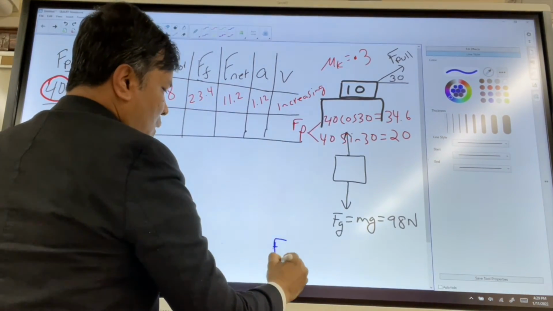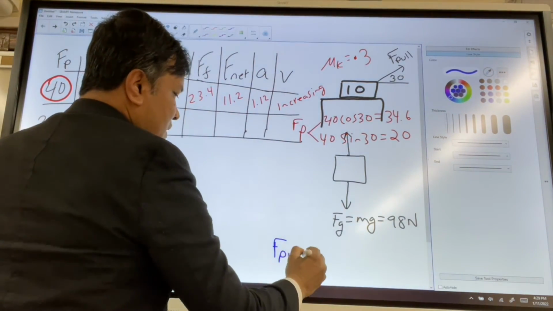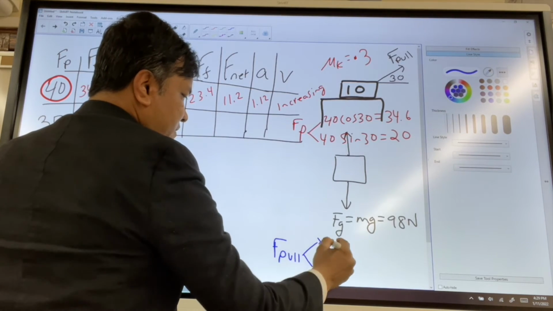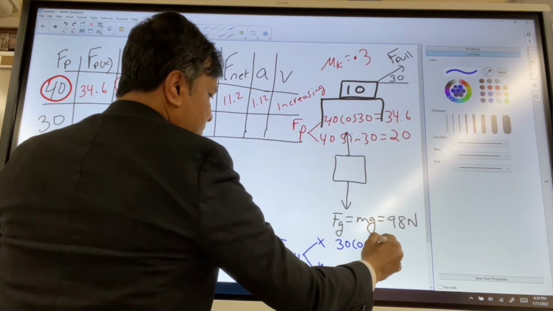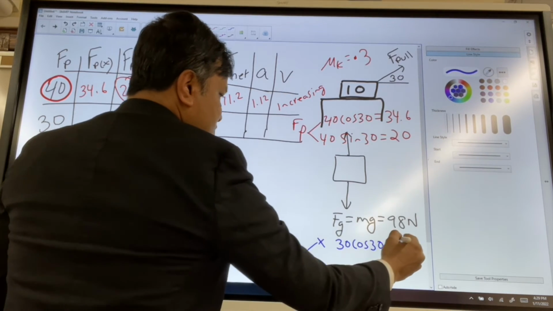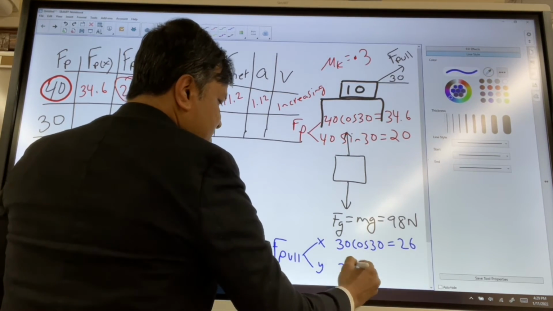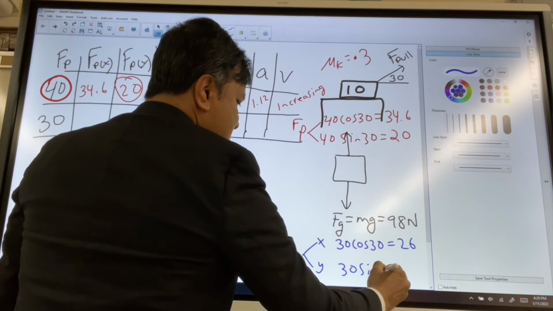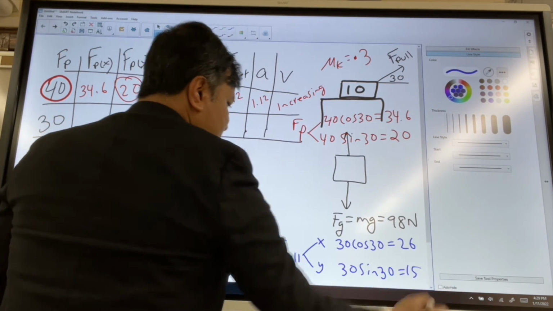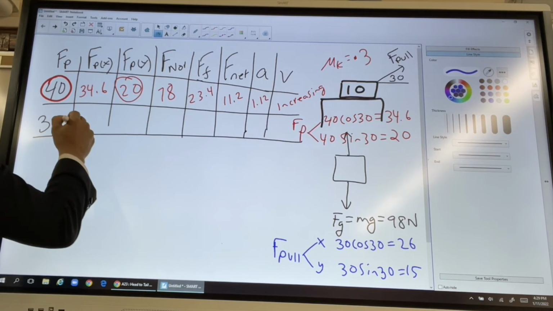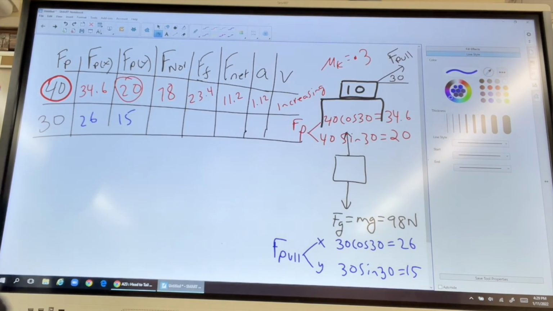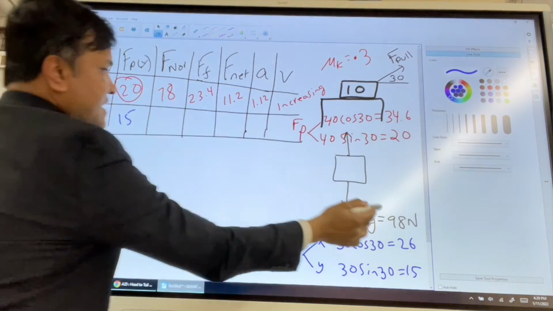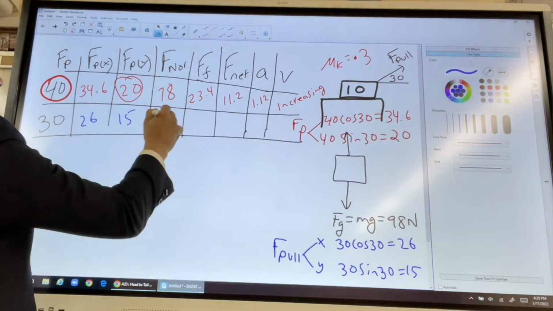So F pull now would be in the x direction and y direction. X direction would be 30 cosine 30, and this is 26, and the y direction would be 30 sine 30, which would be 15, obviously. Okay, good. So this is 26, this is 15. Normal force now is 98 minus 15.